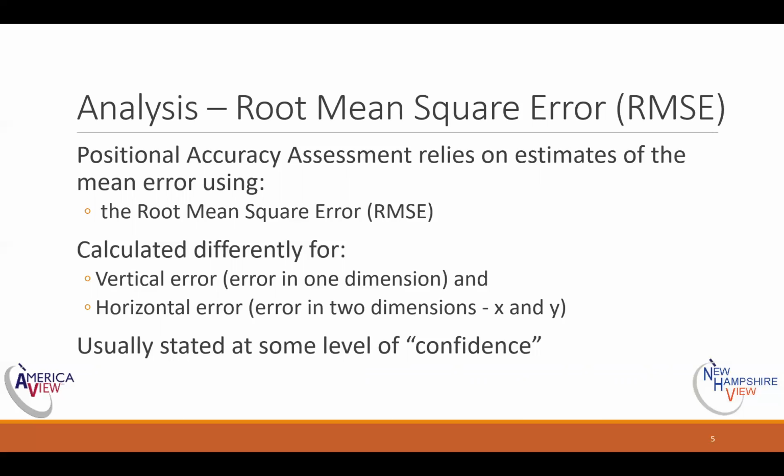If you have horizontal error, you're talking about two dimensions, X and Y, then we're talking about a slightly different calculation. And root mean square error is usually stated at some level of confidence. So if you had a basic statistics class, you understand, at the 95% confidence level or at the 99% confidence level. That's what we're talking about here.